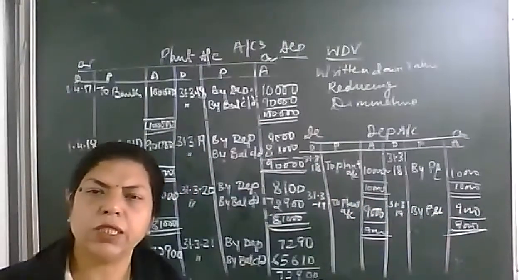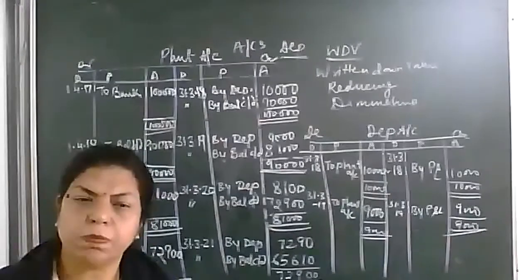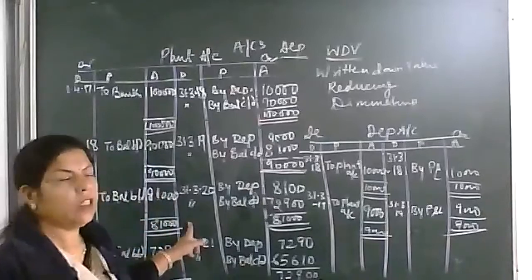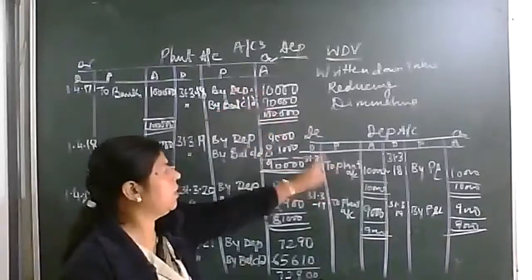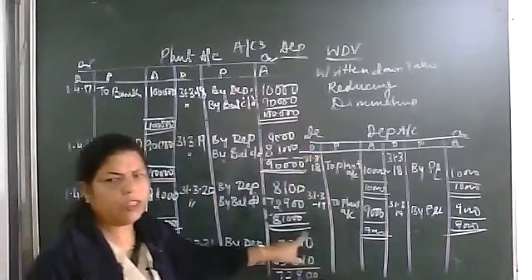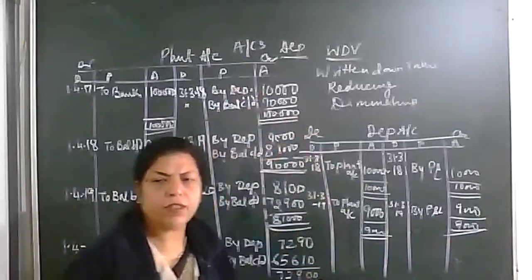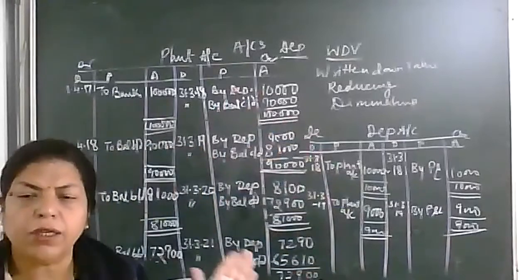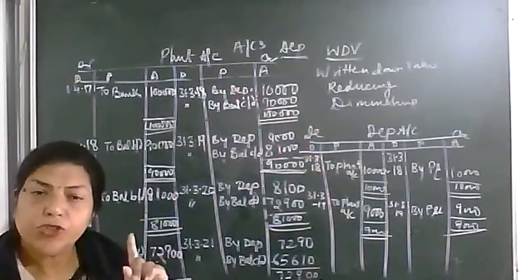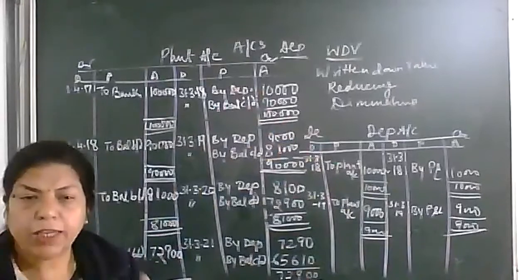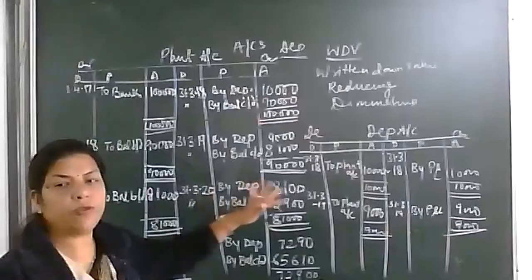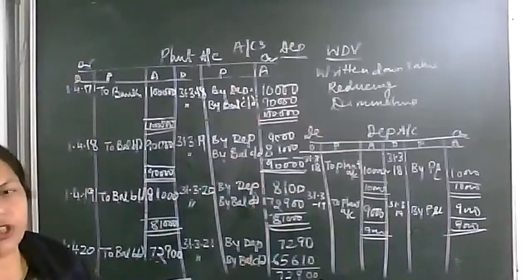So the depreciation account is always prepared with the help of the plant account. First year, second year, third year, 8100, fourth year, 7290. Same way, every year that will be transferred to the profit and loss account. So first in the exam, we have to prepare the plant account. Then with the help of the plant account, we have to prepare the depreciation account.